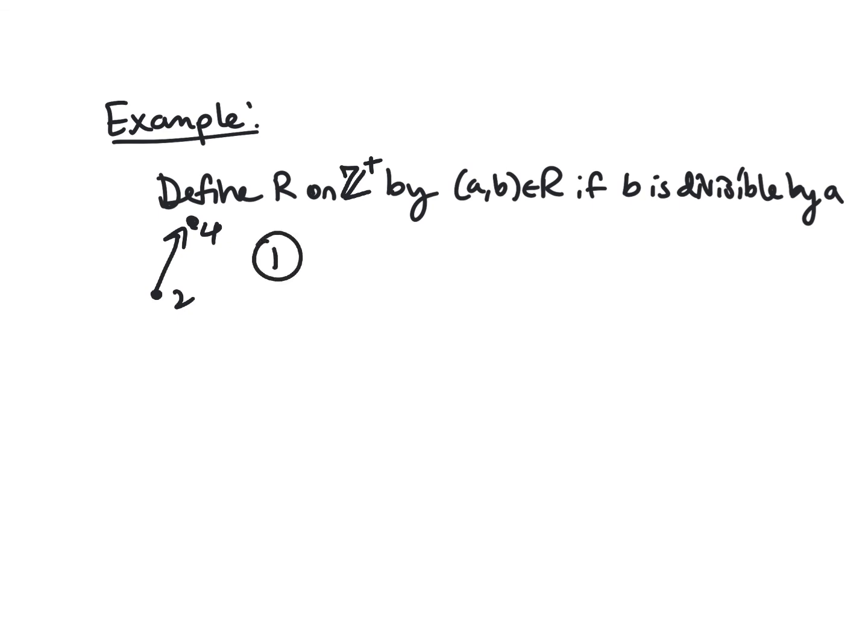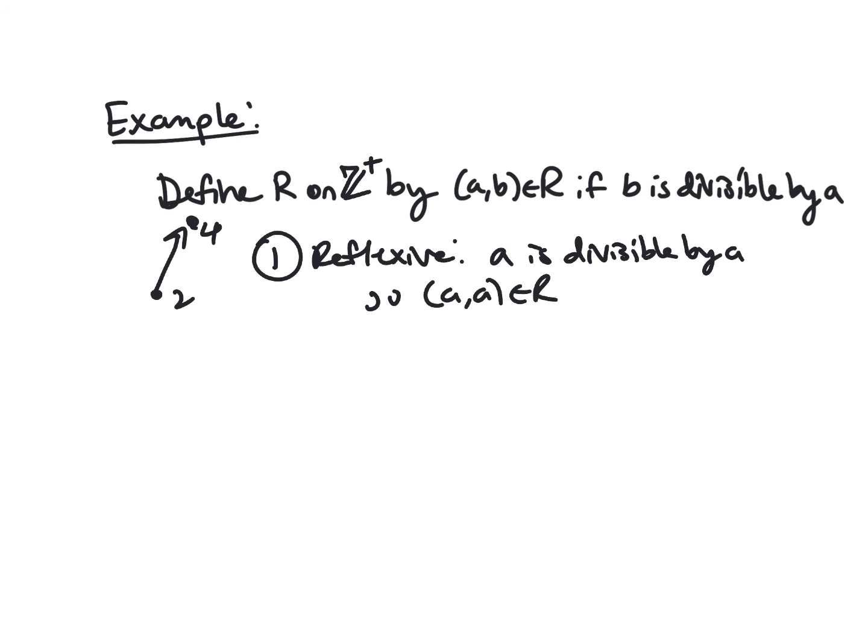So first, is it reflexive? Well, anything is divisible by itself, right? So like a is divisible by a, it's just a times 1. So that means that (a, a) is in R, or there is always a loop at any point a. So next, is it anti-symmetric?